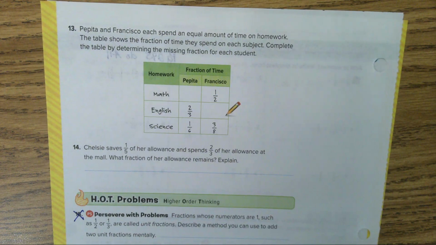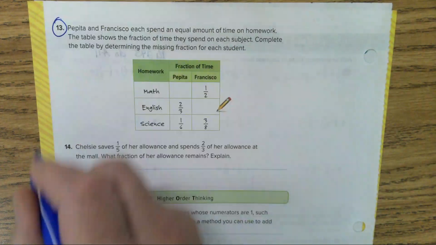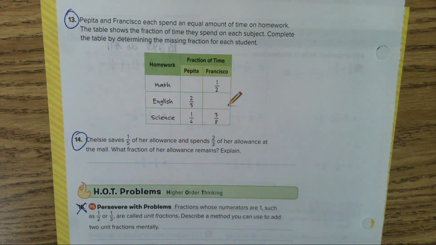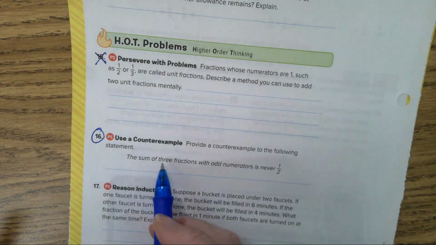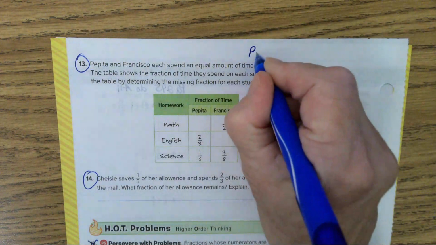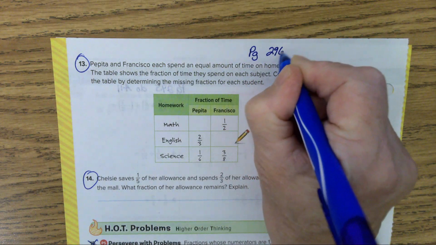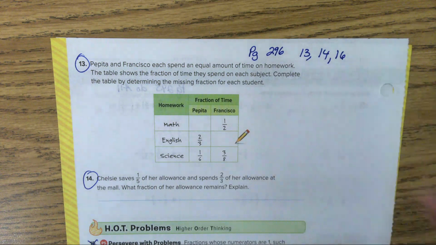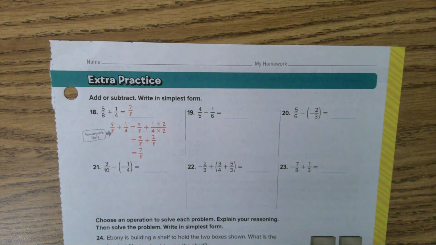I want you to do 13, 14, and do number 16. Give a counter example. That means one where it doesn't work out, if you can. So on this page, page 296, you're going to do 13, 14, and 16. Then on page 297, do all.